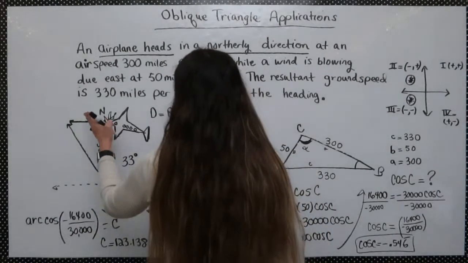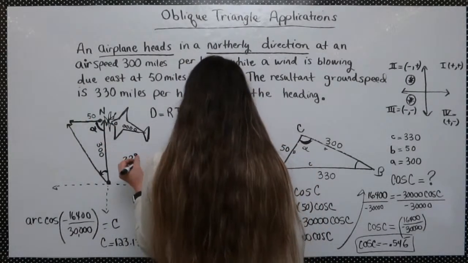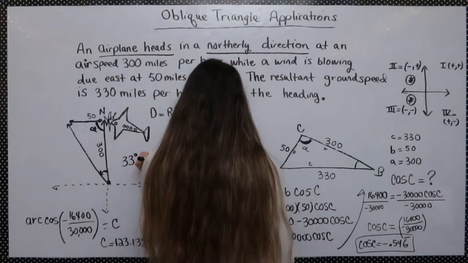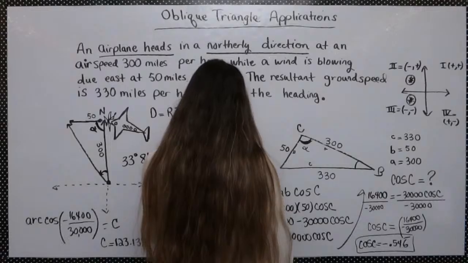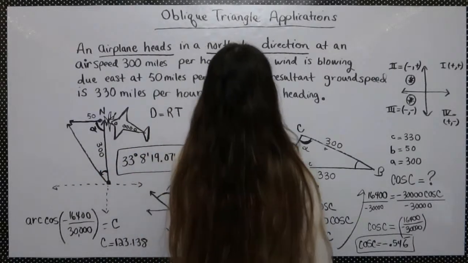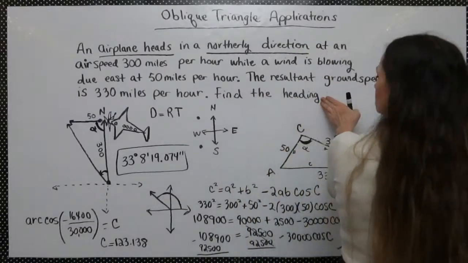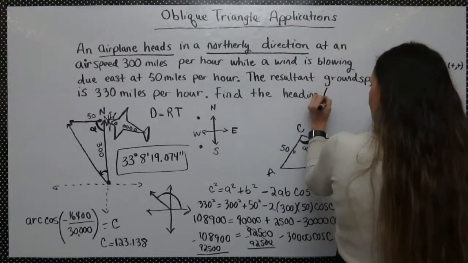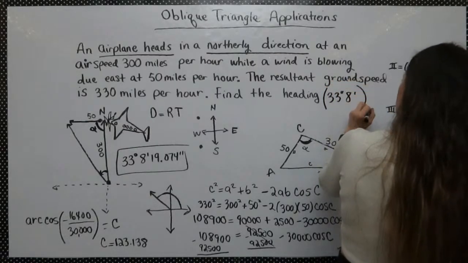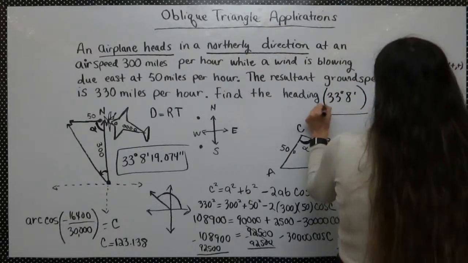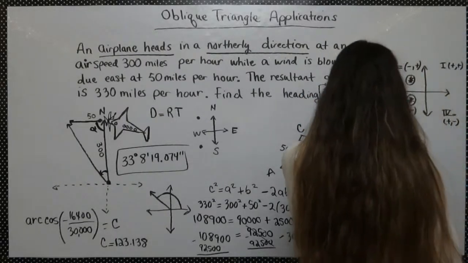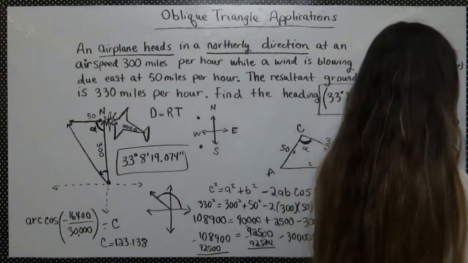The actual heading of your aircraft is 33 degrees, 8 minutes, and 19.074 seconds. So the heading, 33 degrees, 8 minutes. All right, see if that helped. That did help a little bit. It stretched it out.